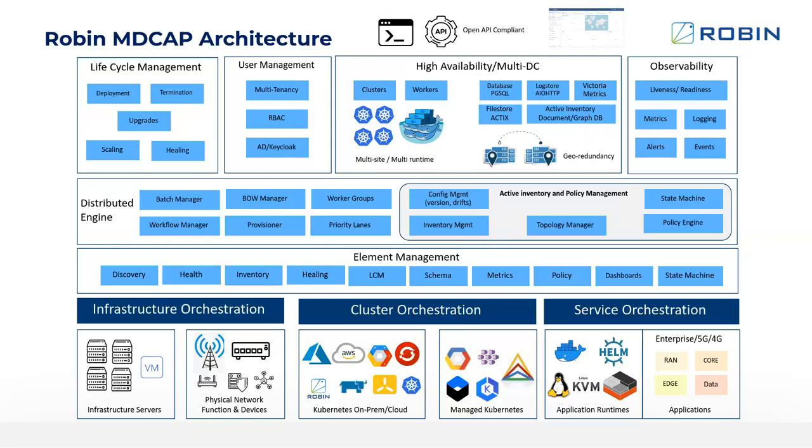To achieve all these three levels of services, MDCAP has an element manager that does the discovery, health monitoring, and policy-based automation, and gives you a single view of the entire infrastructure as it's deployed, a distributed engine that manages the inventory, and an active policy management tool that understands the policies defined for network services and enforces them, including topology, config management, and so on. Observability is an important factor of doing AI workload management.